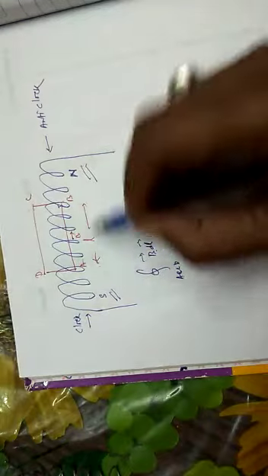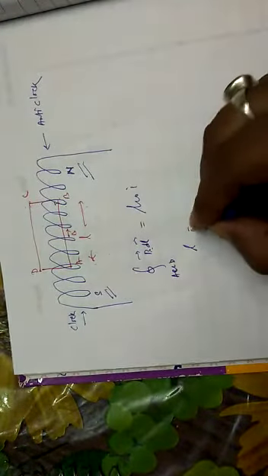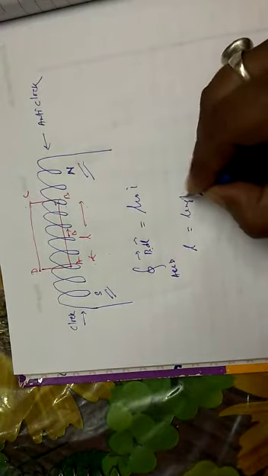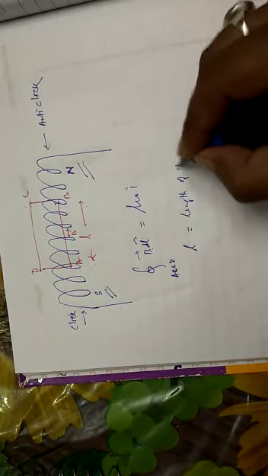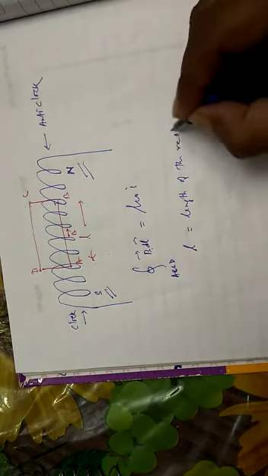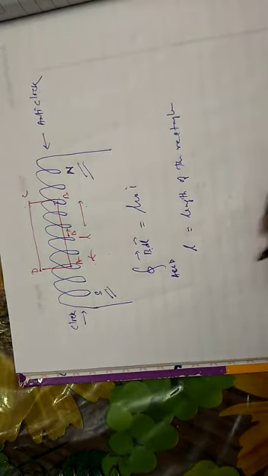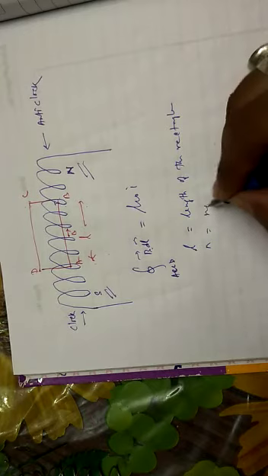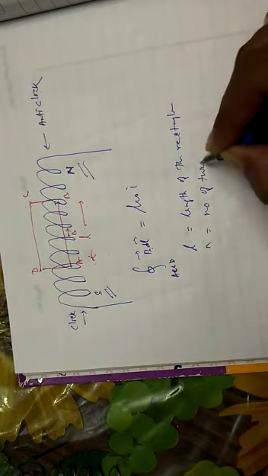Now, let L be the length of the rectangle, and let n be the number of turns per unit length.